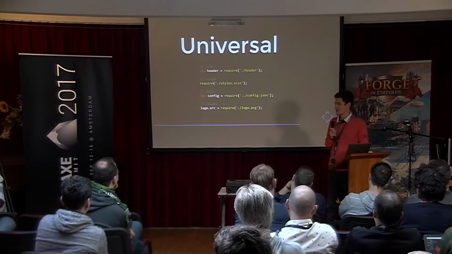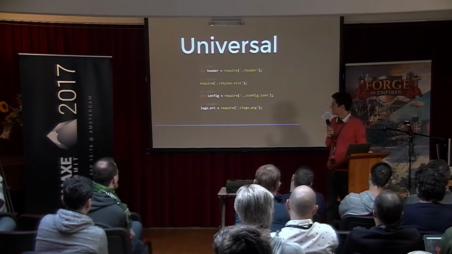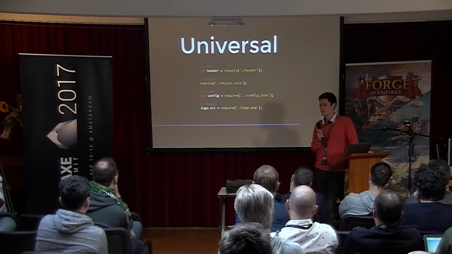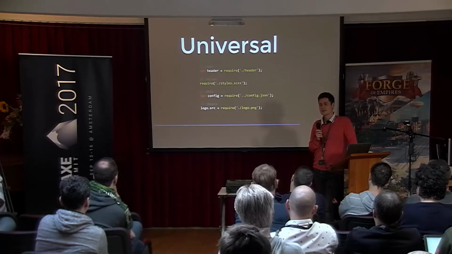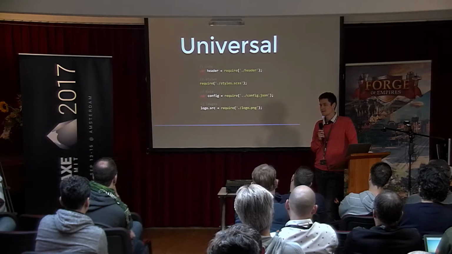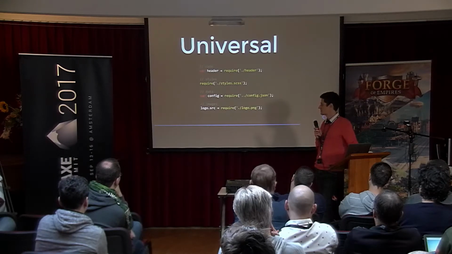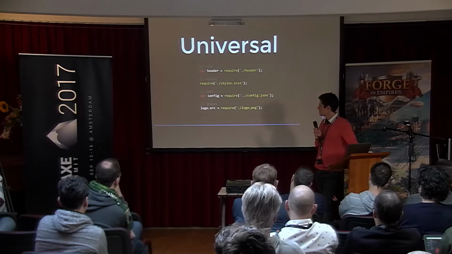So it's pretty crazy how far you can go with that, and that sounds so obvious. It means you have something that knows every single asset, every image, everything you have in your project, and everything you need to deploy.